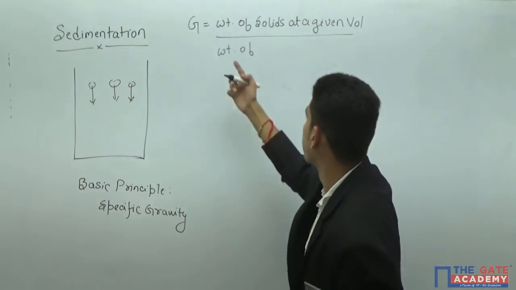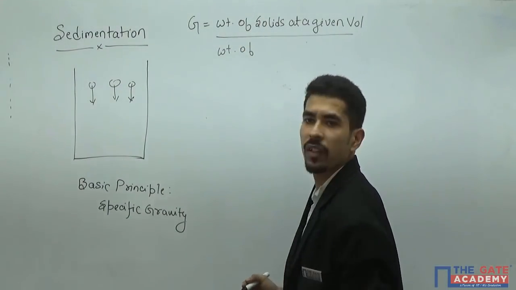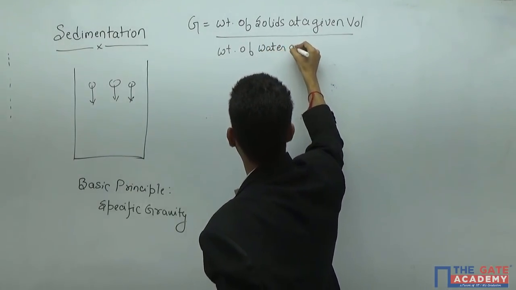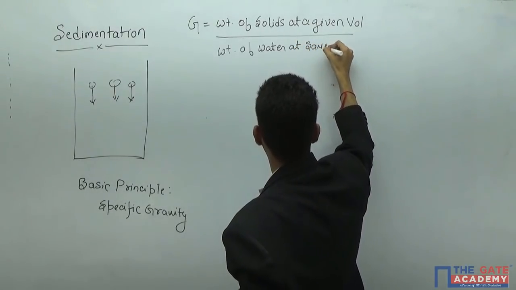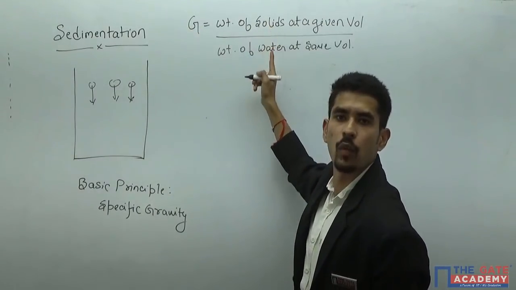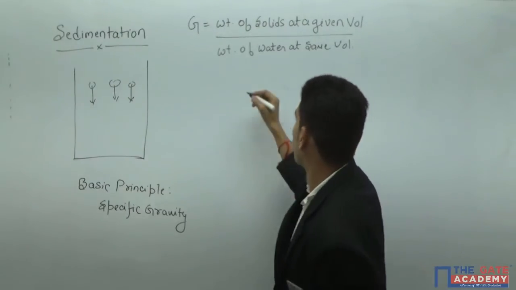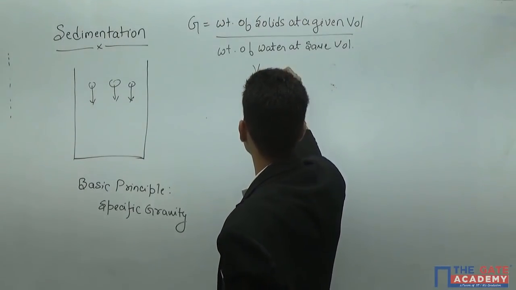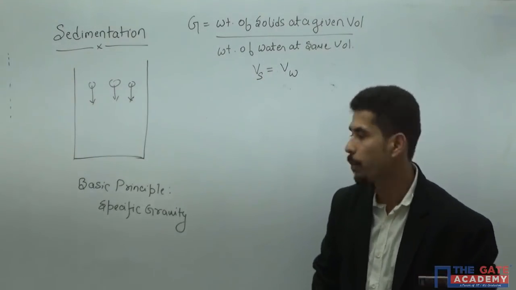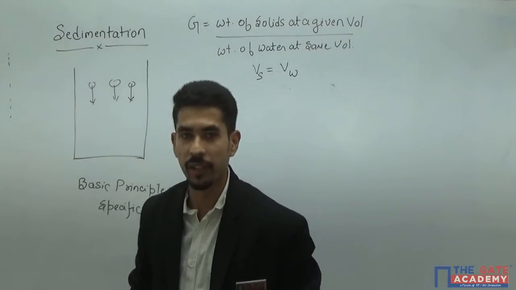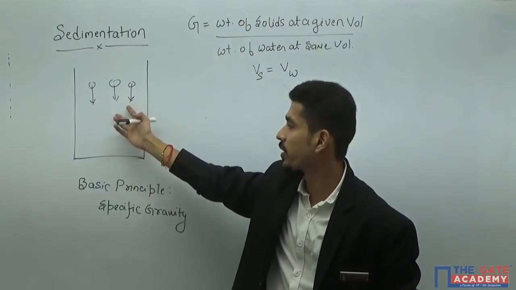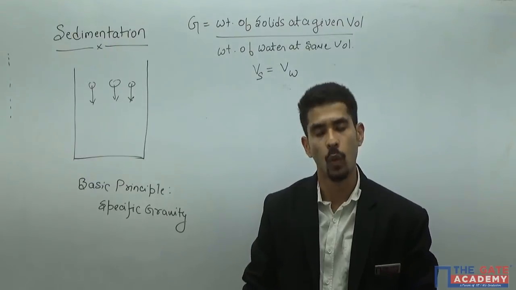So I will write it as the weight of solids at a given volume divided by the weight of water at the same volume. That means the volume of solids and the volume of water here is equal, that is, volume of solids equals volume of water. This is the basic principle for sedimentation. The weight of solids is responsible for removal of these suspended particles which are present along with the water.